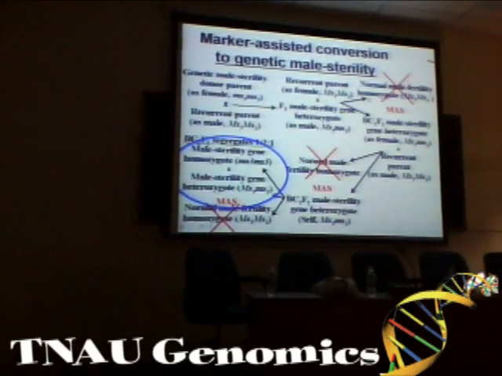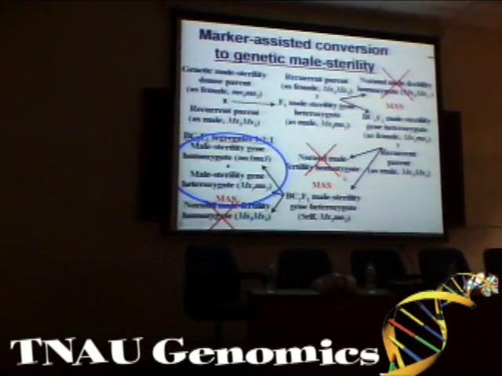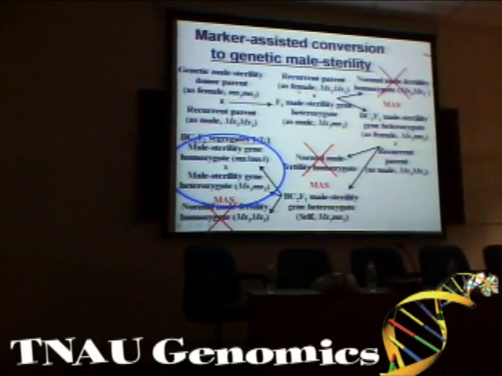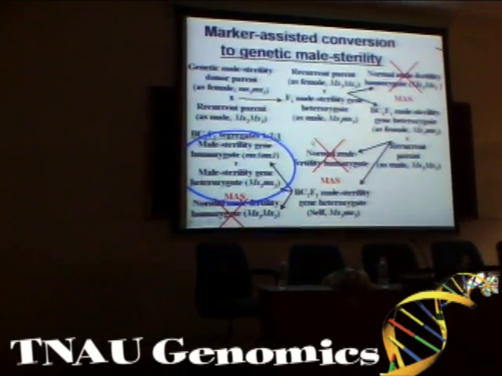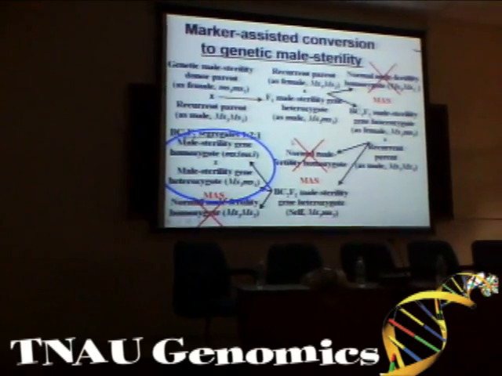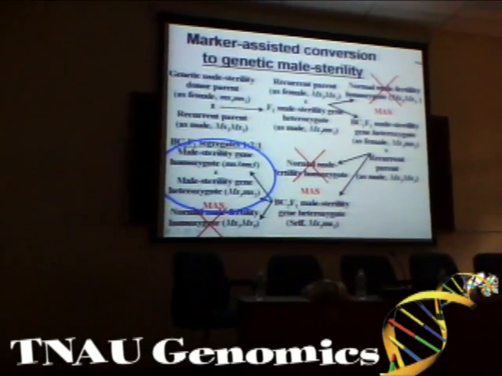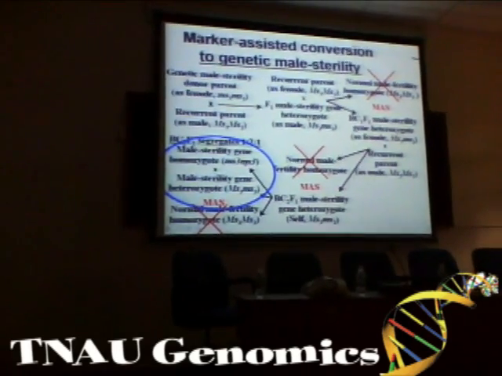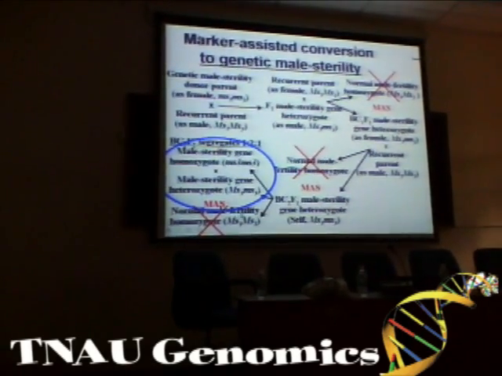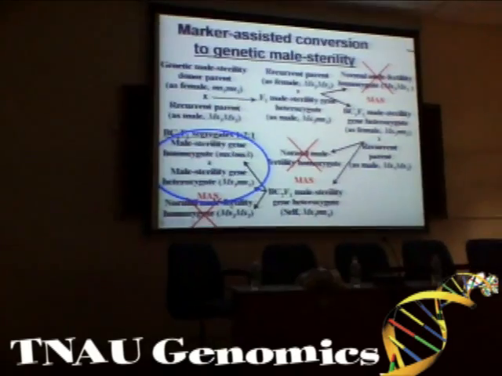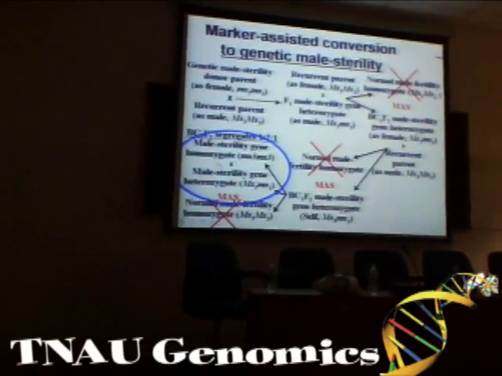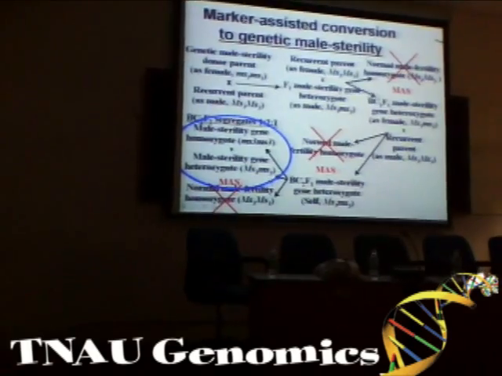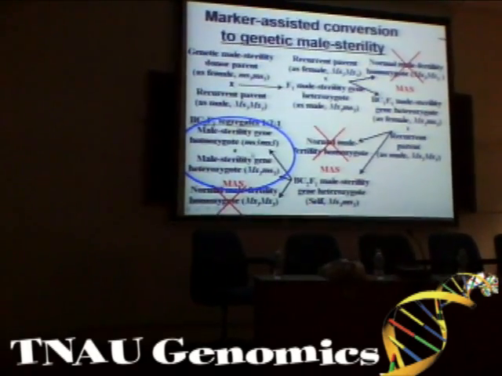We can introduce that into our really elite recurrent parent background in as little as 2 or 3 generations: 2 backcross generations and 1 generation of selfing to produce a backcross 2 F2 that's segregating. 1/4 of the plants are male sterile, 1/4 of the plants are male fertile homozygotes, which we identify with markers and throw away, and half of the population is heterozygous. We use those individuals as pollen donors to cross over the male sterile.